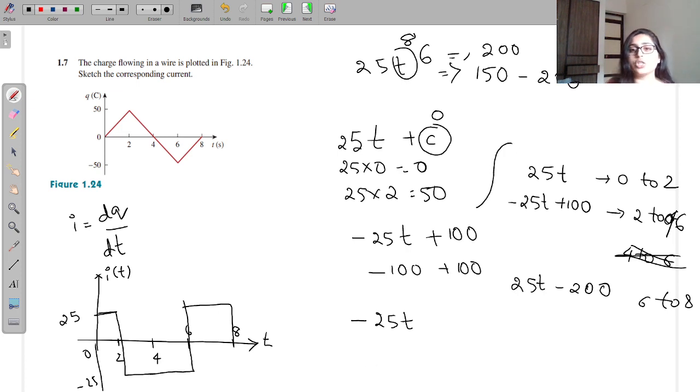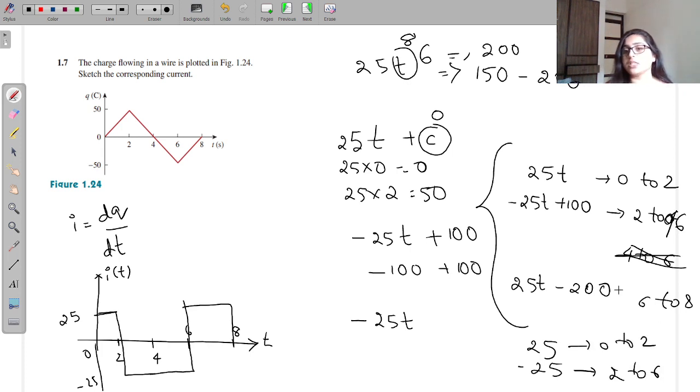So these are the actual equations for the charge. So now if I differentiate this, I am going to get it, right? 25t, if I differentiate it, it is 25. If I differentiate this, this is minus 25. Okay, that is from 2 to 6. This is from 0 to 2. And from 6 to 8, if I differentiate this with respect to t, I am going to get 25. This is 6 to 8.